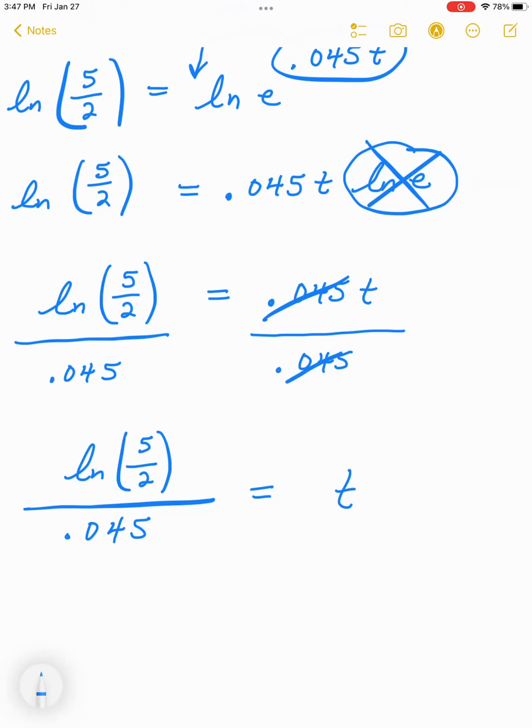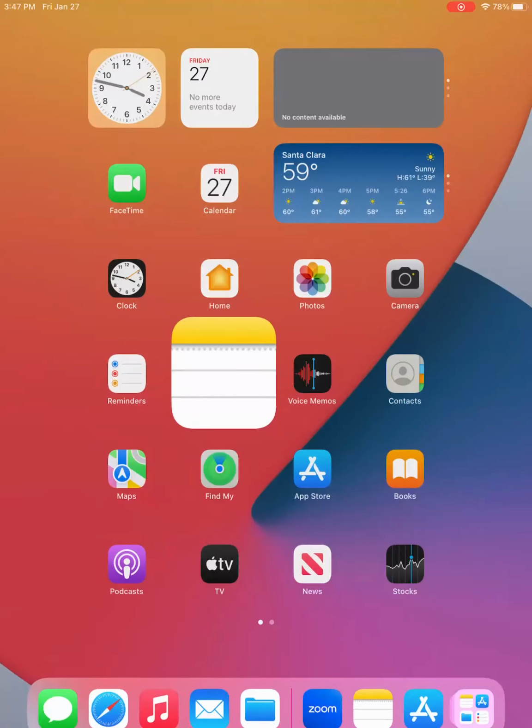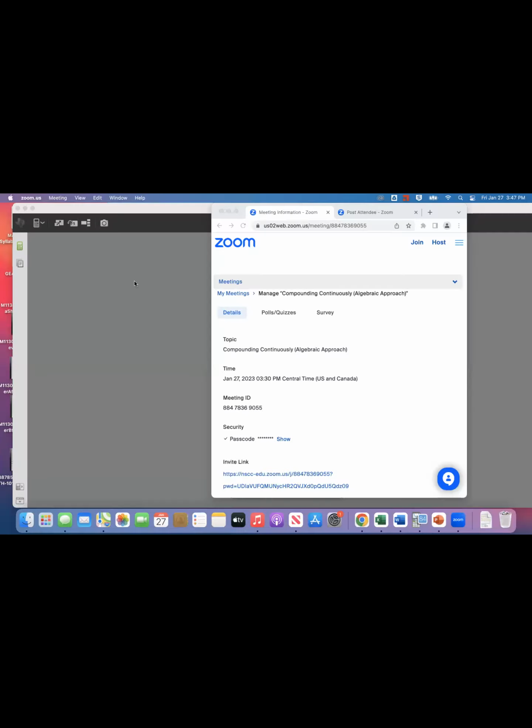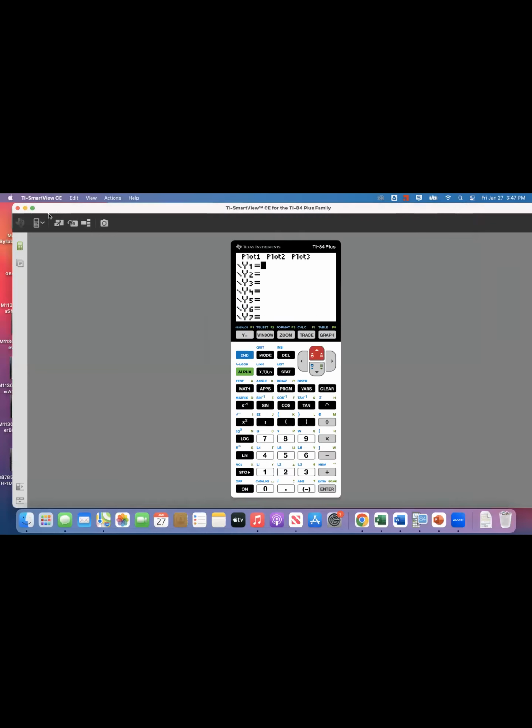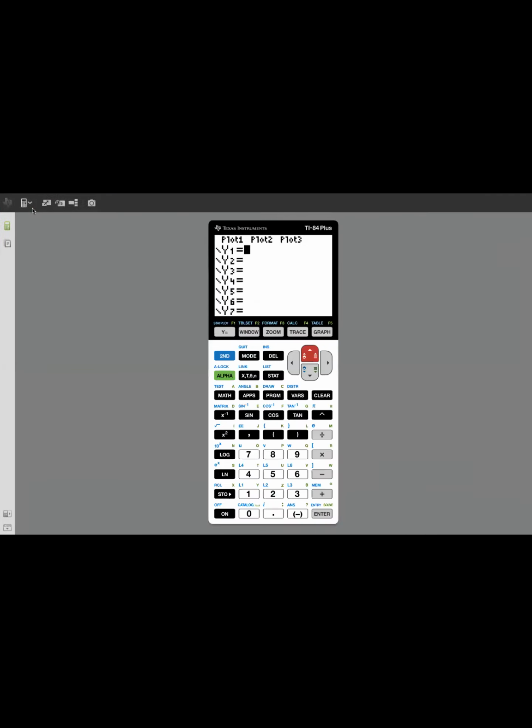So let me switch my screens again, and let me pull up my calculator. And let's just take a look. Here's the ln button down here.